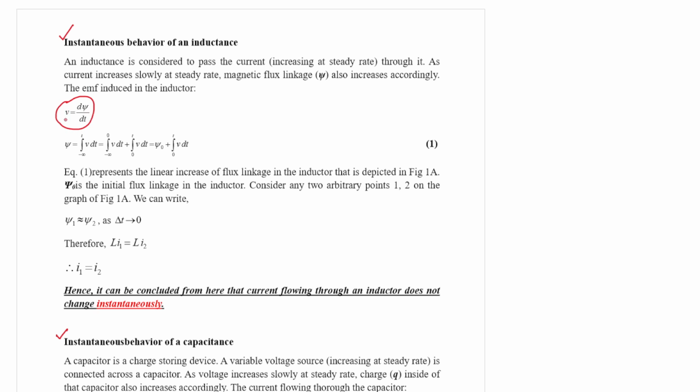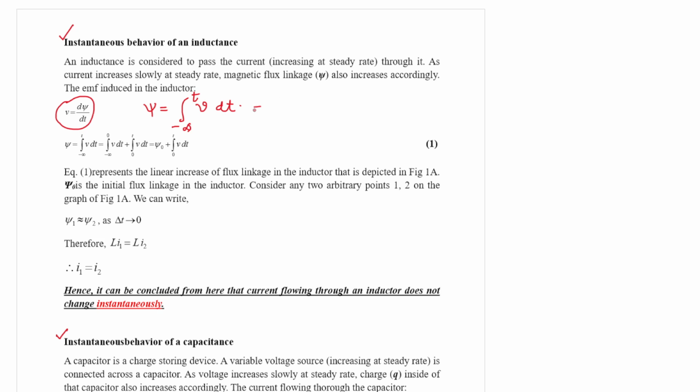From this equation, V is equal to d psi dt. So what can be written? Psi is equal to integration of V into dt. Now I must put my limit from minus infinity to t.